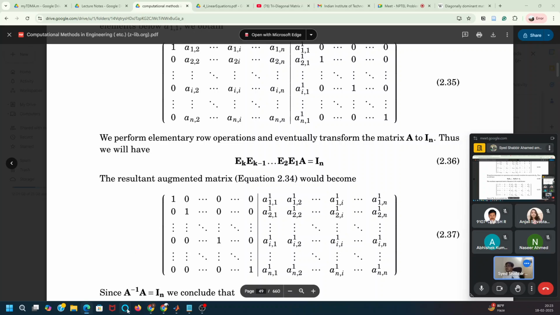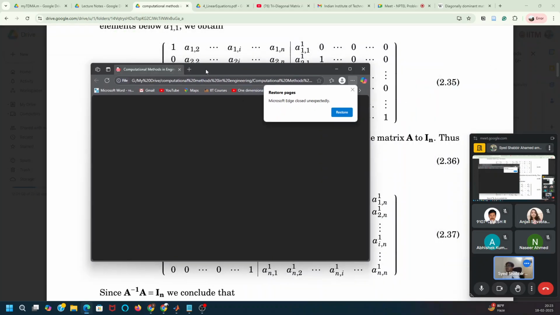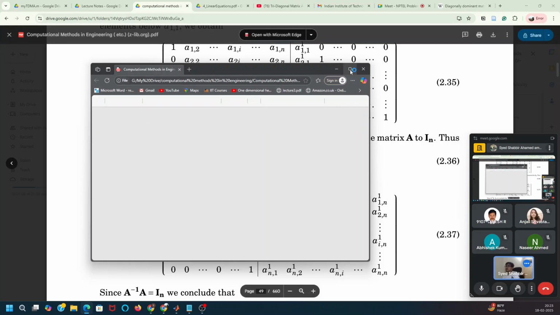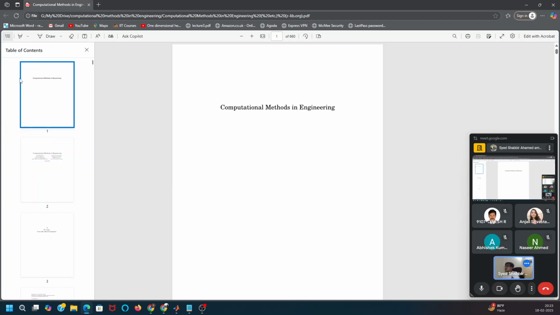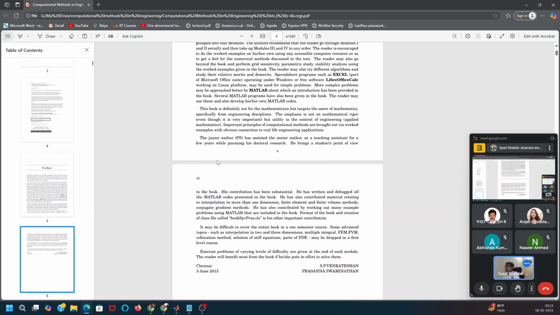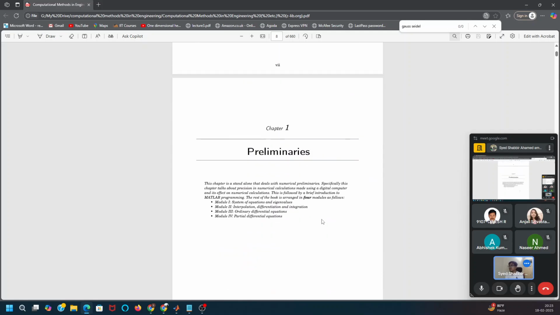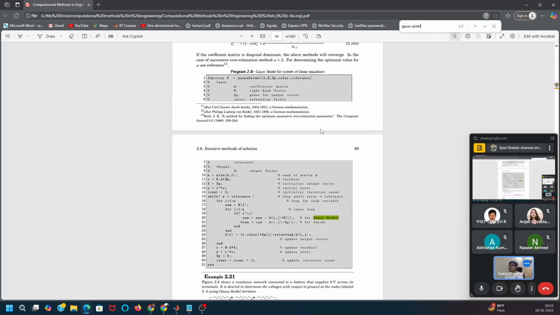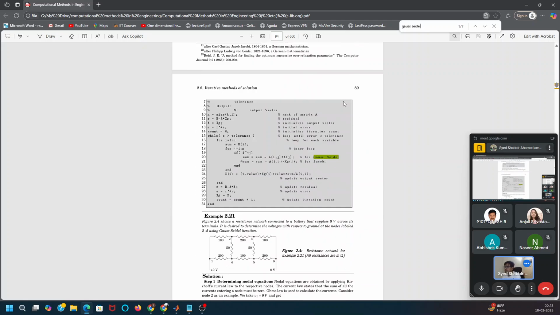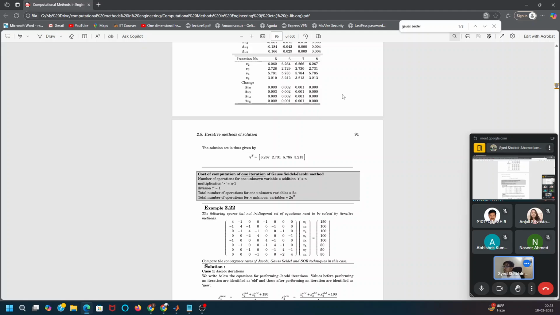Okay. We do have Gauss-Seidel also. There are also these tridiagonal things.